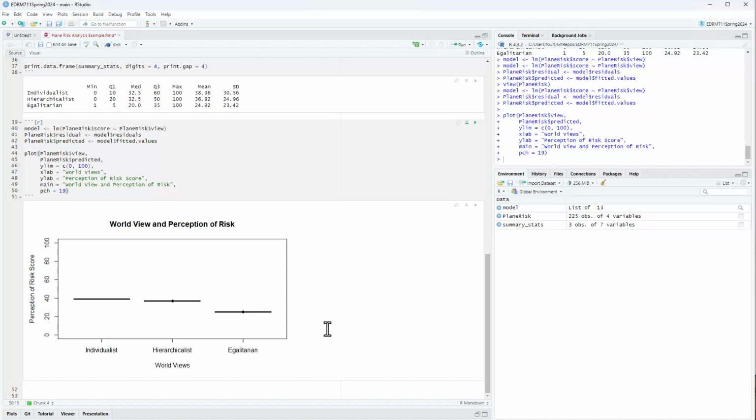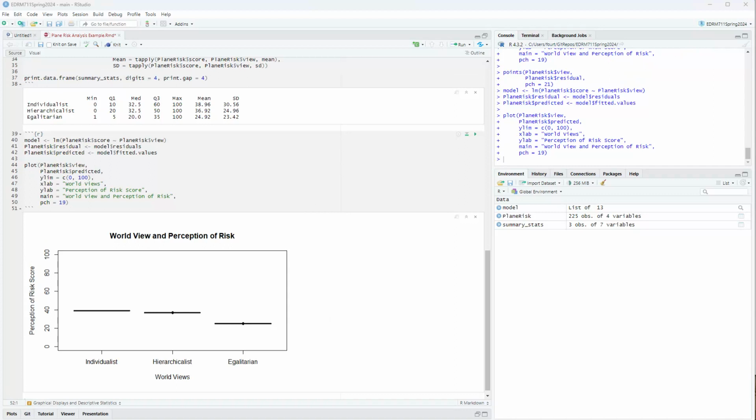There might be lots of different reasons for people to have their perception of risk, but this study is only focusing on their worldview as a reason for perception of risk. So everyone who is an individualist is going to have the same prediction unless we start adding other variables. Then we could start separating them out. Now let me go ahead and superimpose on this plot the actual values for each of the participants.